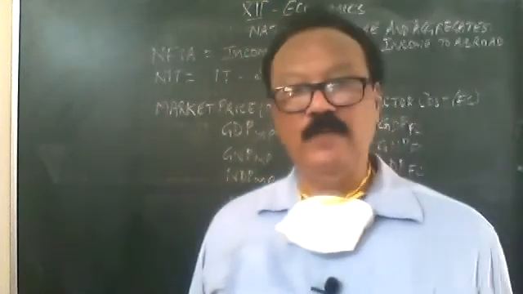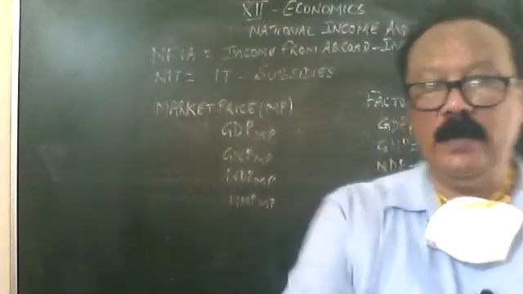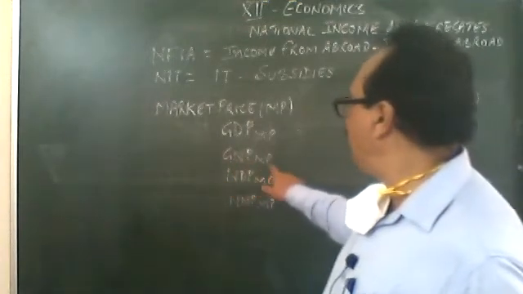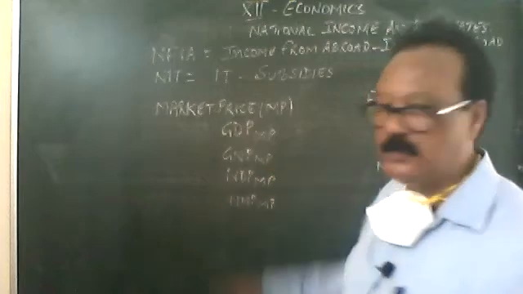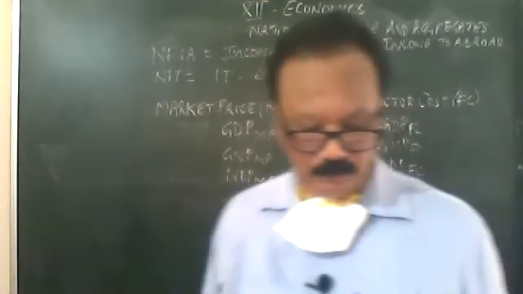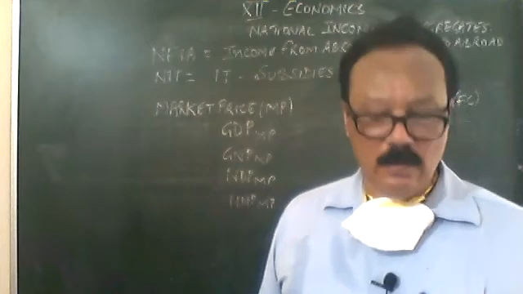So this is the definition for GDP at market price. Second, the GNP at market price. Write down.